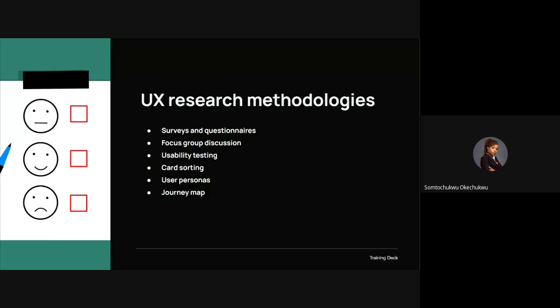Now, just to explain the different methodologies that we have, methodologies are simply methods: how do you go about research? What are the tools that you could use to help your research process?